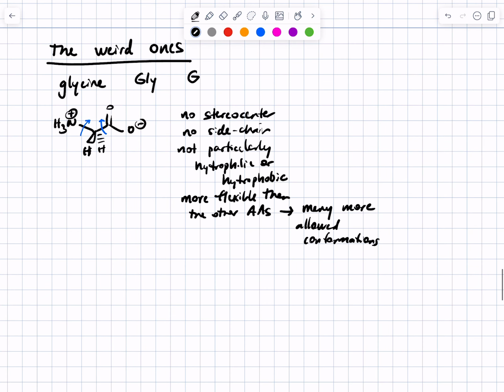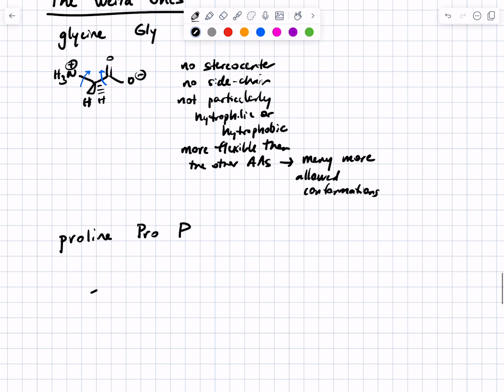The other weird one is called proline. Proline is weird almost for the opposite reason as glycine. Proline is way less flexible. And the reason proline is way less flexible is that the side chain of proline actually ties back and is bonded to the backbone amino group. So this is proline, and that's the alpha carbon, the beta carbon, the gamma carbon.